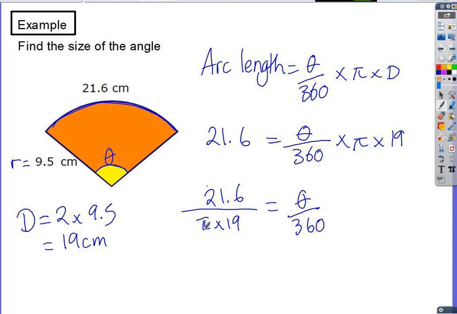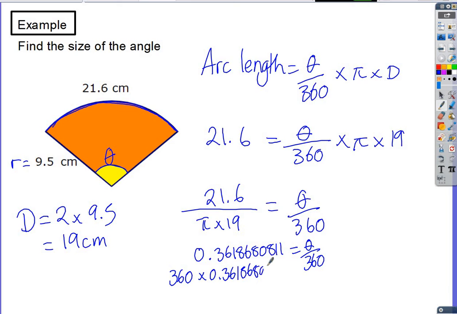Typing this calculation into my calculator, you'll get 0.3618680811 is equal to theta over 360. So now, to get theta on its own, we need to multiply it by 360.